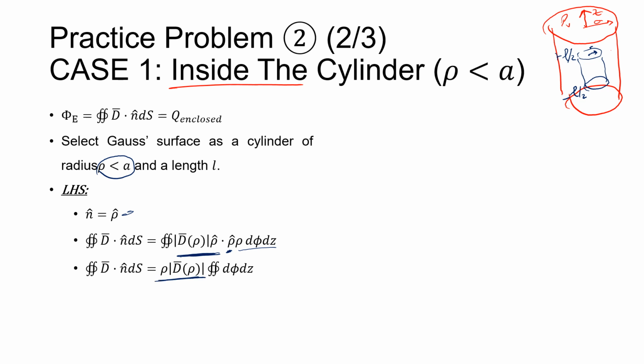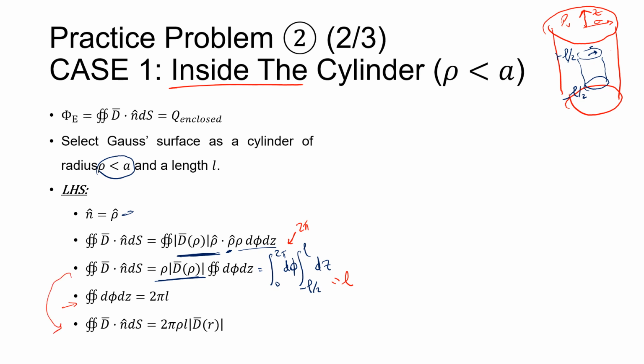Just substitute, move the non-dependent components outside, and do your integration from 0 to 2 pi for phi, and from minus L over 2 to L over 2 in case of z. This one will equal L, and this one will equal 2 pi. So in total they will equal 2 pi L. Substitute in the original equation, and you get the integral of D dot n dS equal to 2 pi rho L D rho.